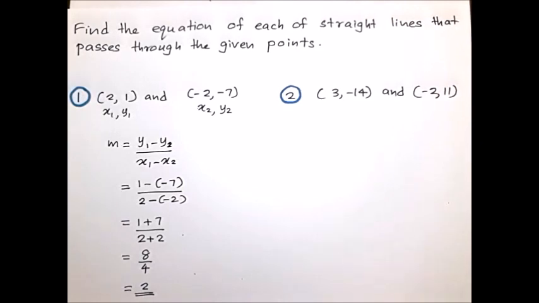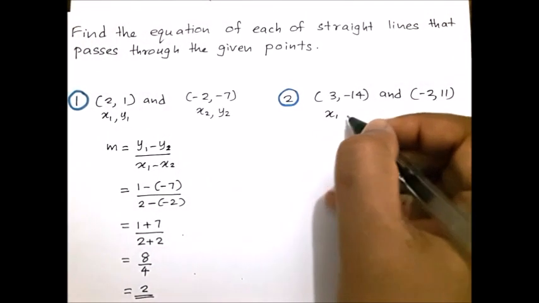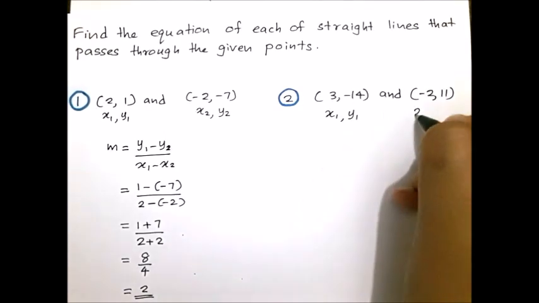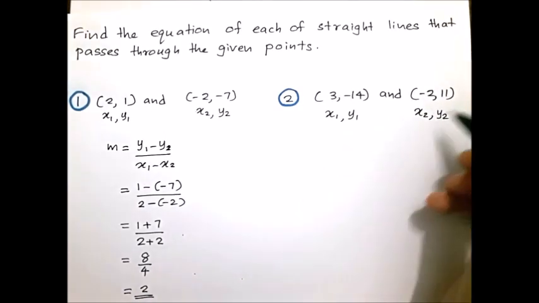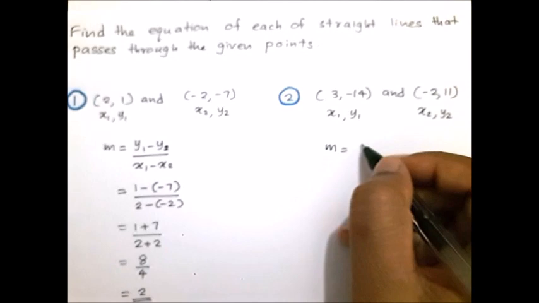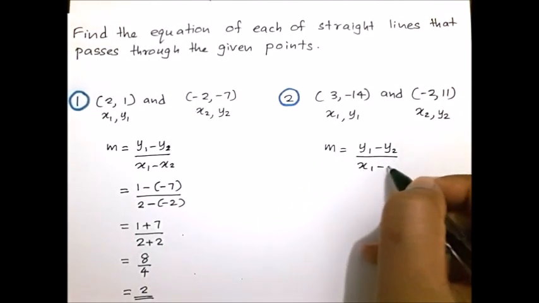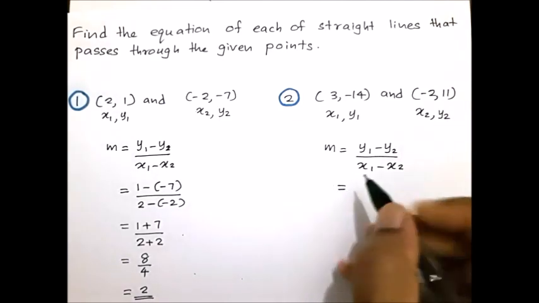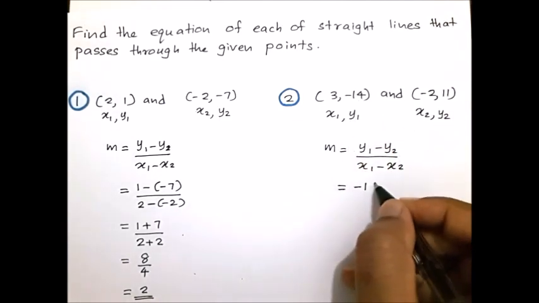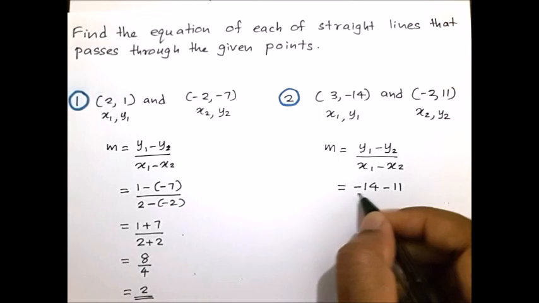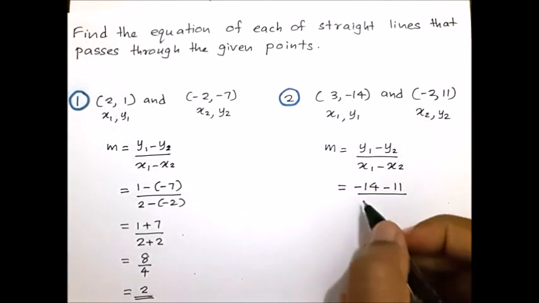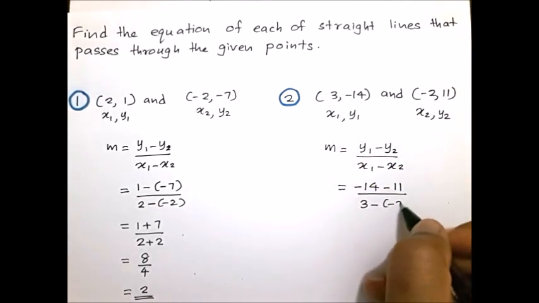Now look at the second example. Take this coordinate as x1, y1 and this one as x2, y2. First find the gradient. Gradient is equal to the difference of y coordinates divided by the difference of x coordinates. y1 is minus 14, y2 is 11, x1 is 3, x2 is minus 2.